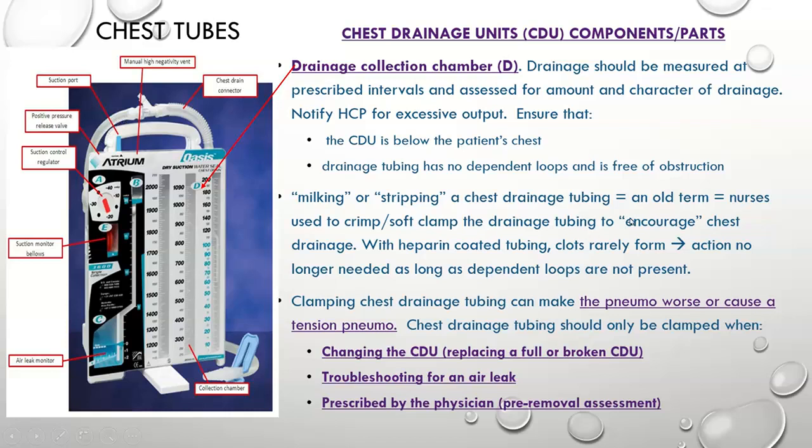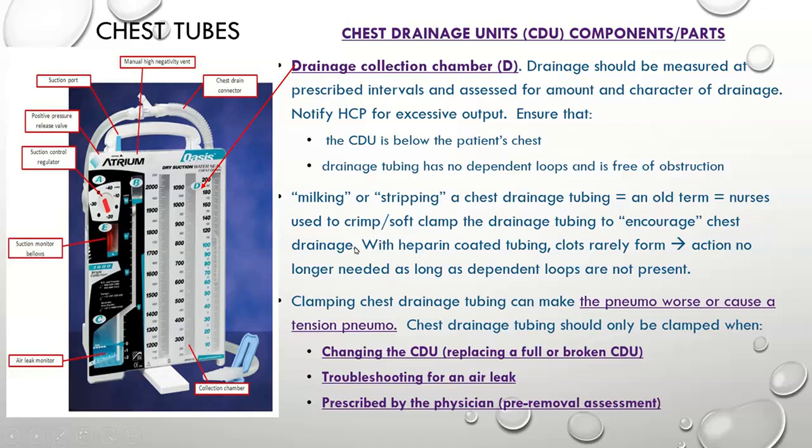And that was supposed to encourage chest drainage. The problem with that is anytime you crimp it or seal it or softly clamp it, you have the potential of causing damage to the patient, as far as their pneumothorax reduces or can cause the pneumo to worsen or cause a tension pneumo.